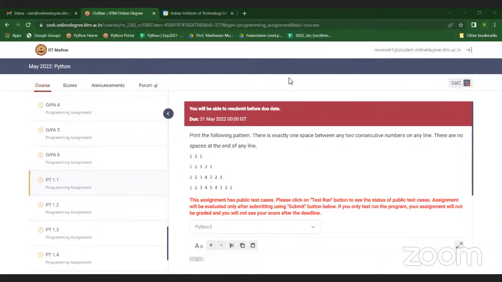Sir, I want to ask one question. Yes. In a string, suppose I take S equals ABC. If I print S[0], S[1] and S[2], it will print A, B, C individually.